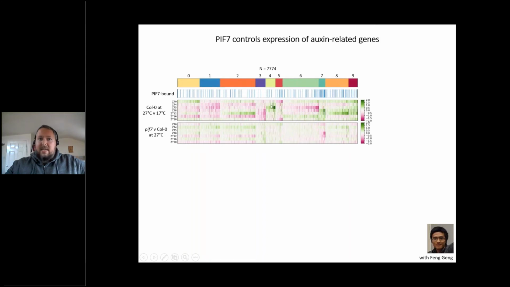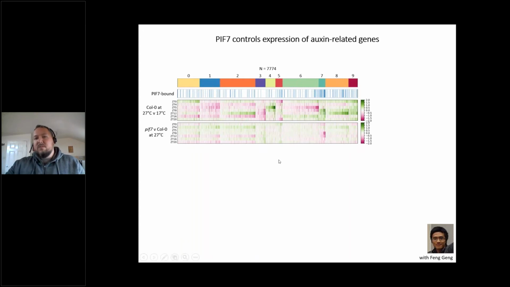Green colors indicate upregulated genes, magenta colors indicate downregulated genes. And you see there's a lot happening in both directions in response to temperature. However, in the lower panel, we are comparing the PIF7 mutant versus wild type at warm temperatures. And you see that panel is mostly white, so there aren't that many genes misregulated in that mutant.